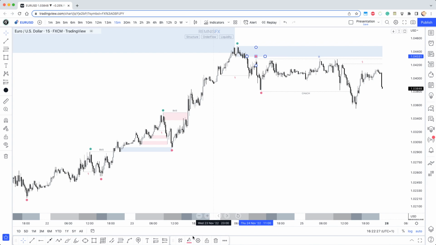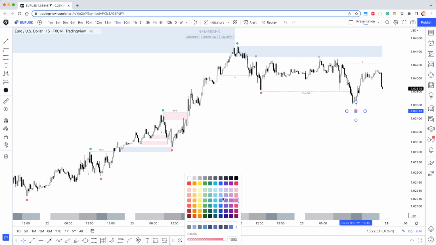So let me give this one a different color, okay? Because here green, red, green, and now we are going from purple, red. Well, purple is not there yet, but the current lower low would be like this, right? Structure wise, not break of structure wise, but structure wise.